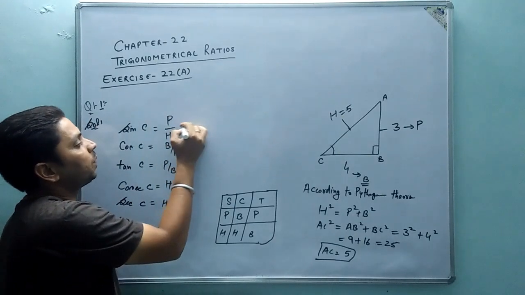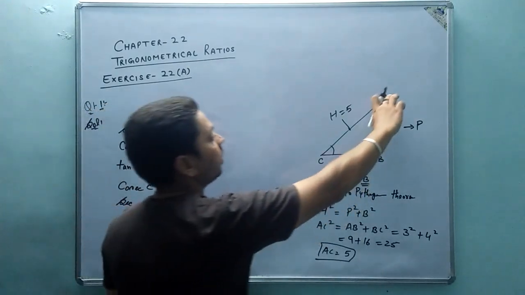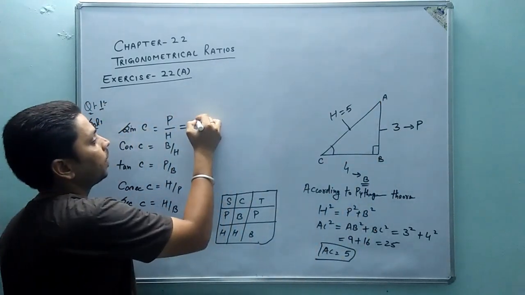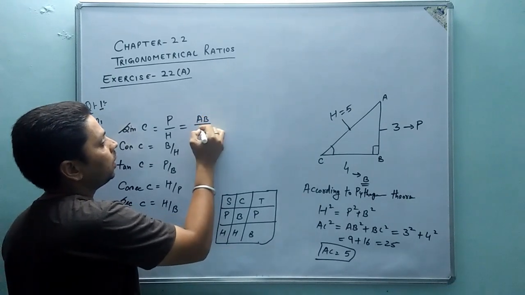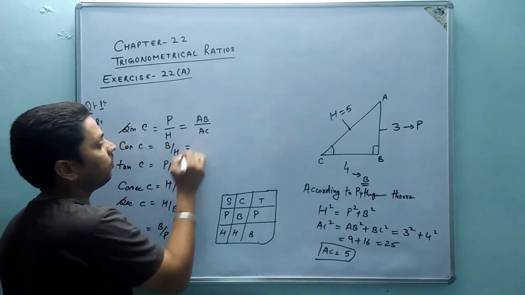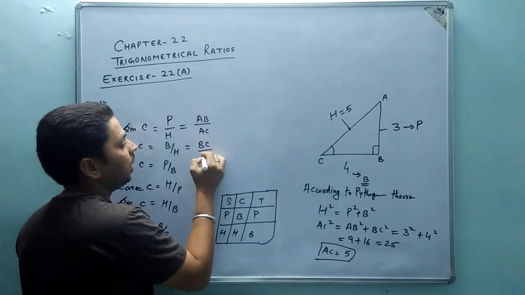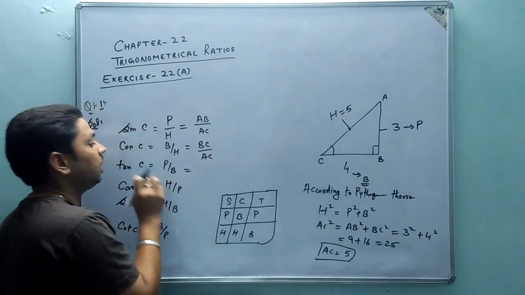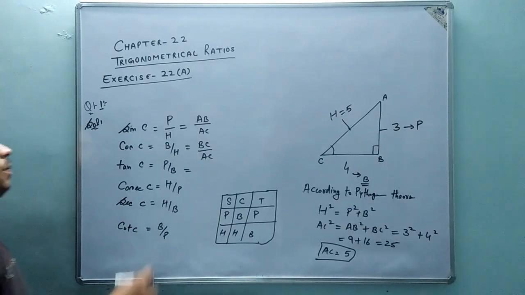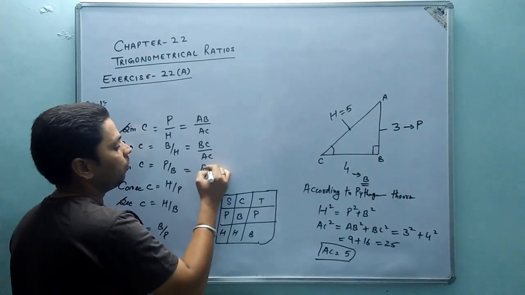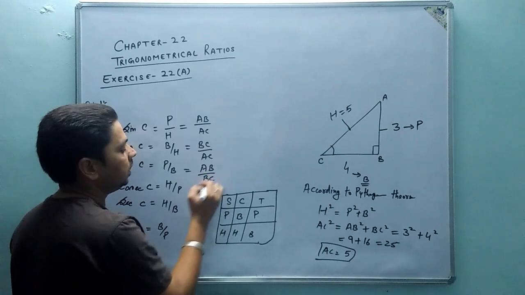What is perpendicular? Perpendicular here we have AB upon AC. Similarly, what is base here? Base is BC upon AC. Again perpendicular, we have AB over BC.